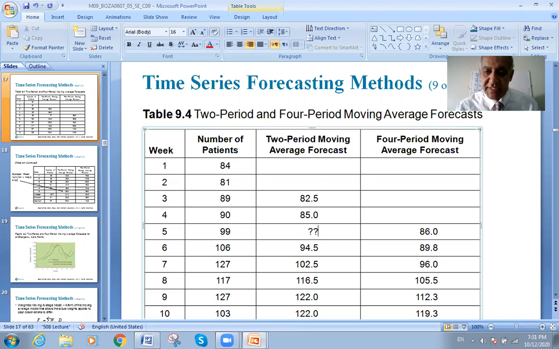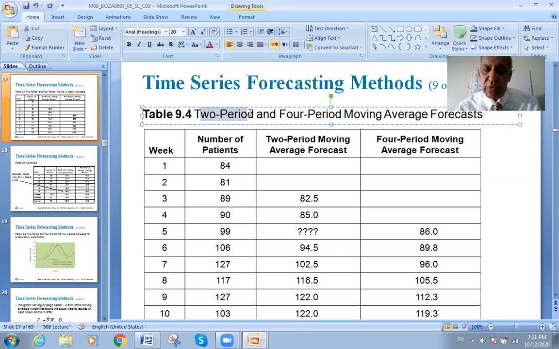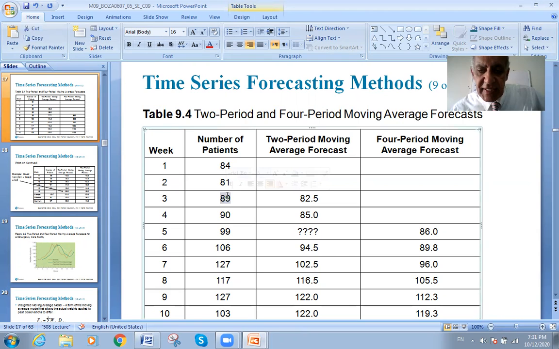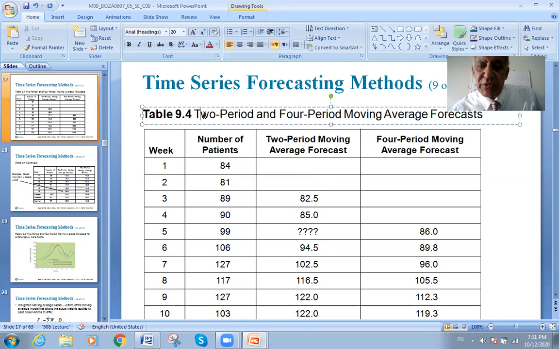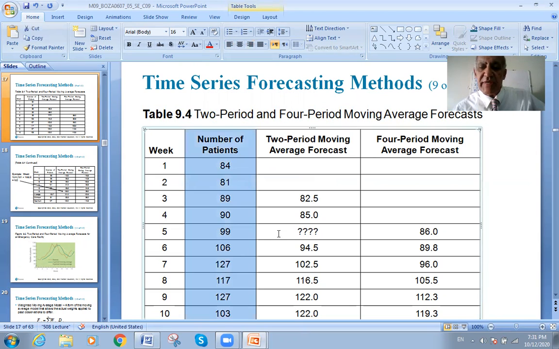I will not take this 99, but the one before it, because I said two periods. So I will take the 90 and the 89, add them together, then divide them by 2. So it will give me the estimation which I want, which is 89 and a half.